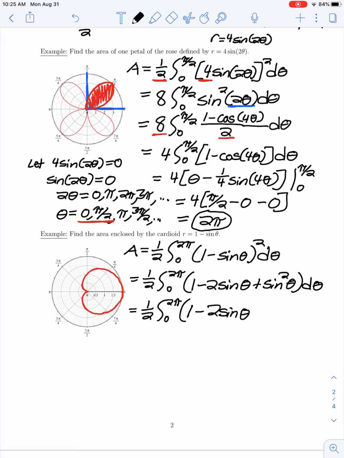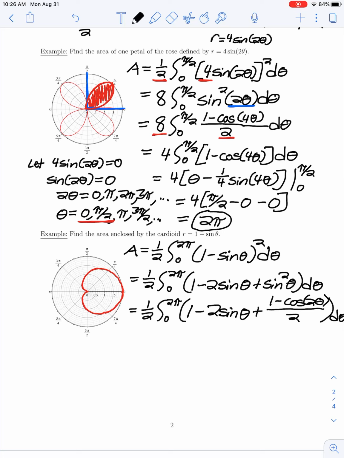And again, where we have that sine squared theta, we're going to make use of the trig identity. Sine squared of theta is 1 minus cosine of twice that angle, so 2 theta, all over 2, d theta.